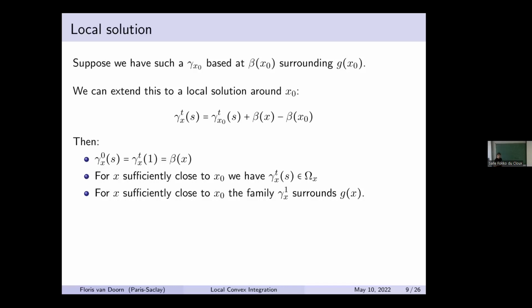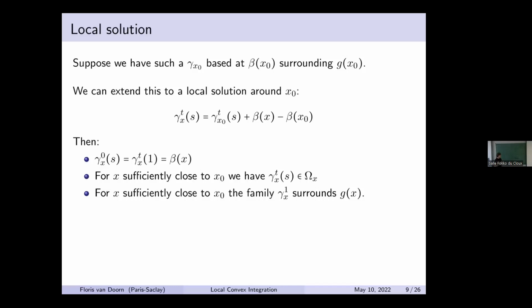And so if we move all the points just a little bit, because everything is continuous, g of x will still lie in the interior. So these notions are very nice to write down mathematically for x sufficiently close to x naught.